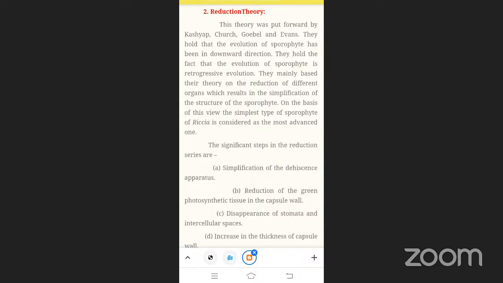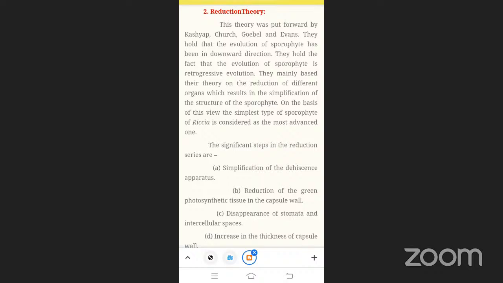So in the sterilization theory, Riccia is the simple structure and Funaria is the complex, advanced structure.